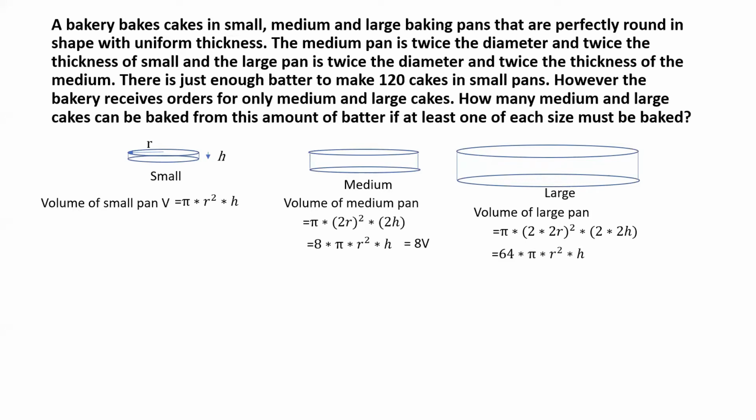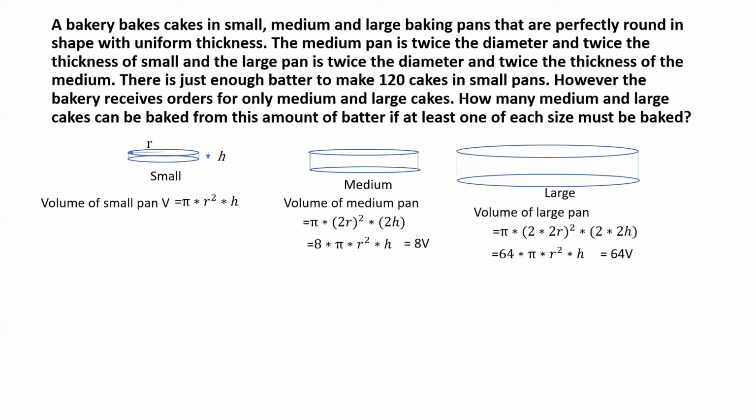That will be the volume of the large pan. And again, it's simple to see that this is equal to 64 times pi r squared h. Essentially, pi r squared h is V, the volume of the small pan, so this is 64 times V, the volume of the small pan.